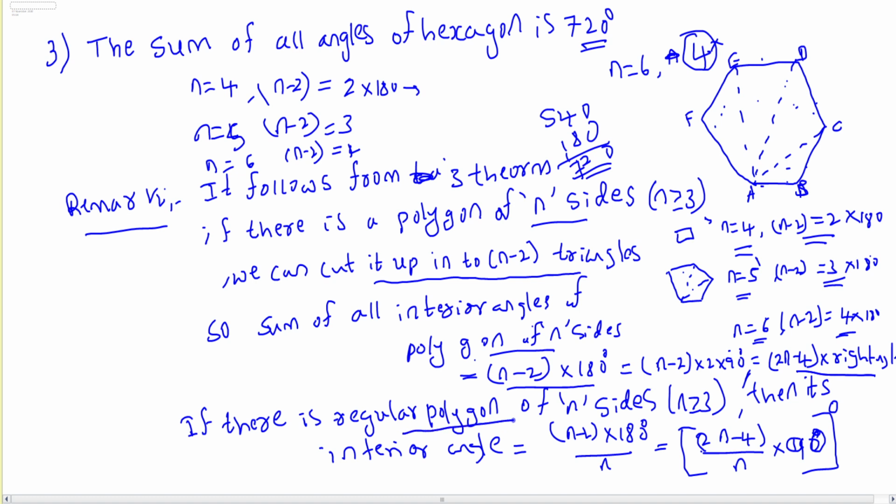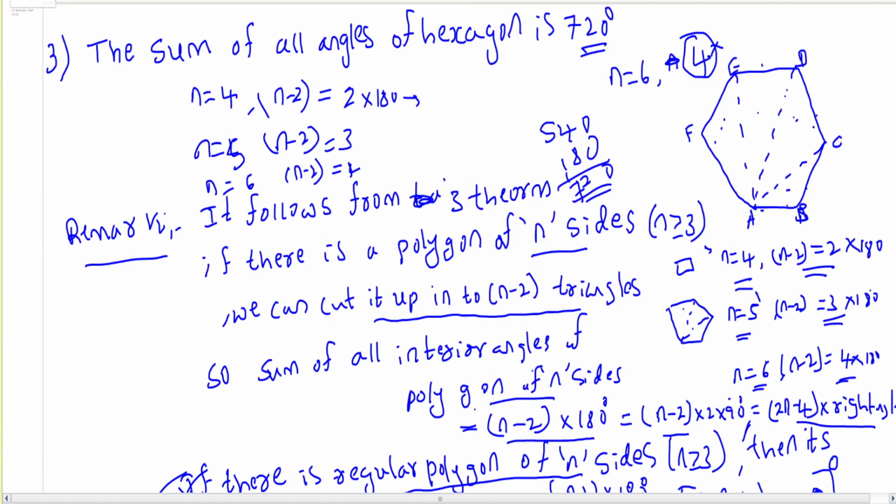If there is a regular polygon of n sides, where all the angles are equal, then if you divide by n, you get each interior angle, that is (2n minus 4) divided by n, right angles. This is the remark. Okay, this is all about it.